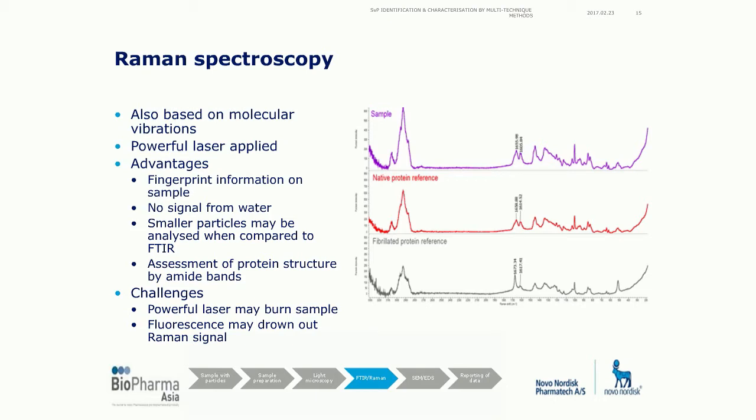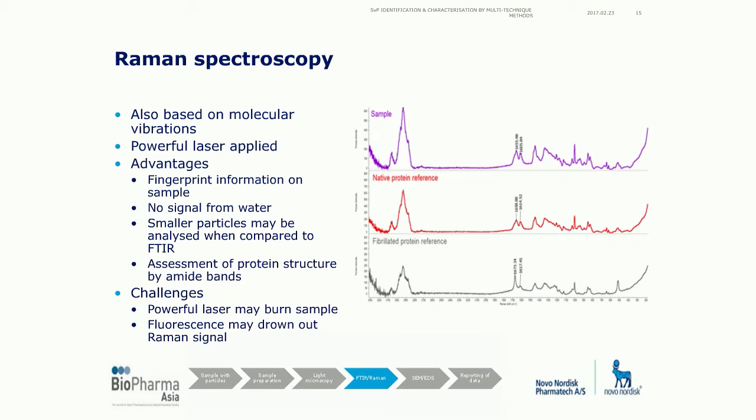An example of a Raman spectrum would be this. We have the top spectrum here, that's an unknown particle. And then we have two reference spectra below. We have a native protein reference and a fibrillated protein reference. We see a good correspondence between the sample and the native protein reference.